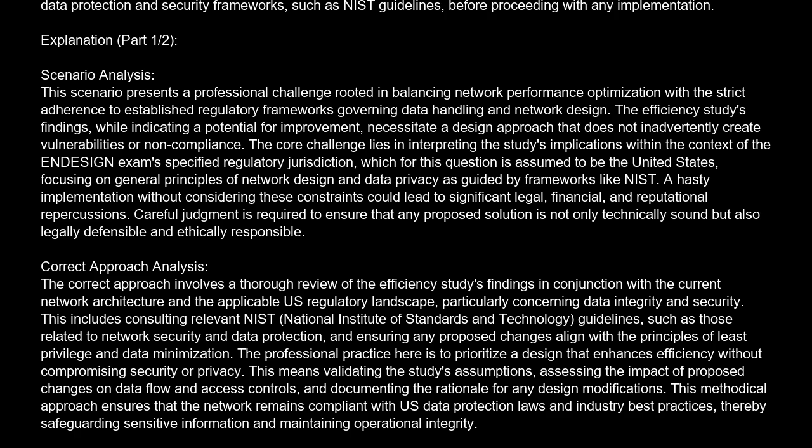This means validating the study's assumptions, assessing the impact of proposed changes on data flow and access controls, and documenting the rationale for any design modifications. This methodical approach ensures that the network remains compliant with U.S. data protection laws and industry best practices, thereby safeguarding sensitive information and maintaining operational integrity.